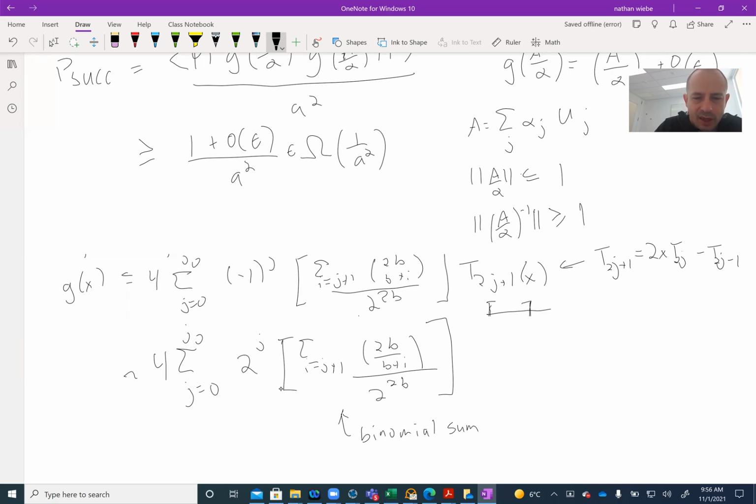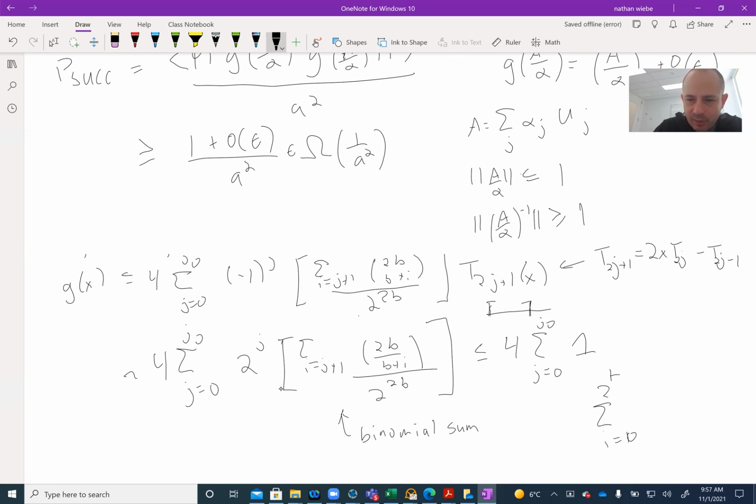And so by taking a look at the limits of the appropriate binomial sum, it's actually really easy to see that this is less than or equal to 4 times the sum from j equals 0 to our maximum term, j naught, of 1.